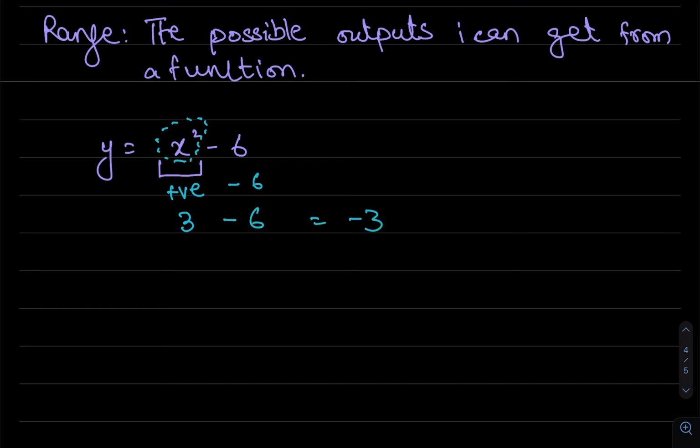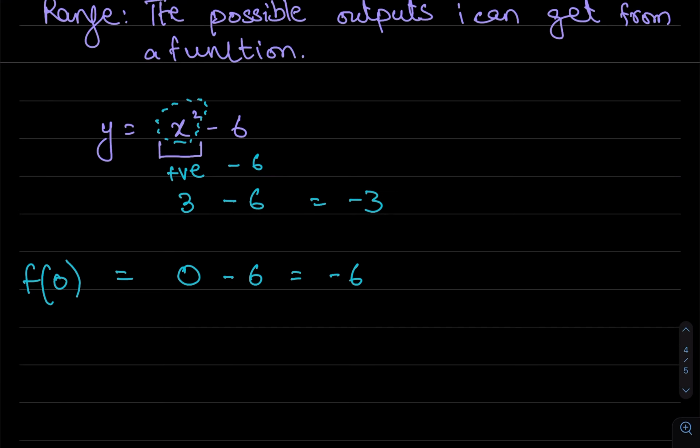Now if this x squared was equal to 0, we could get 0 minus 6, which equals negative 6, right? If we inputted 0 in the function, we would get negative 6.